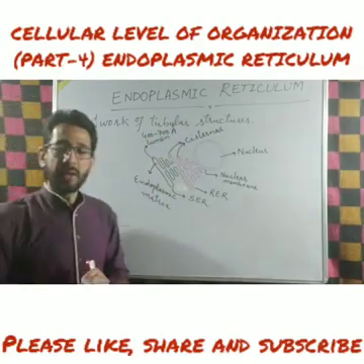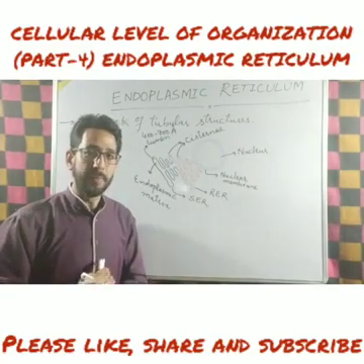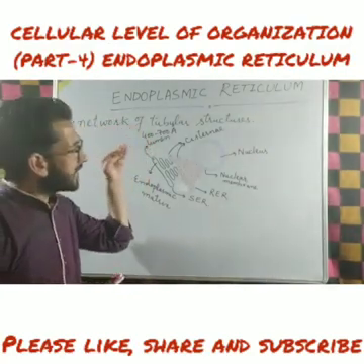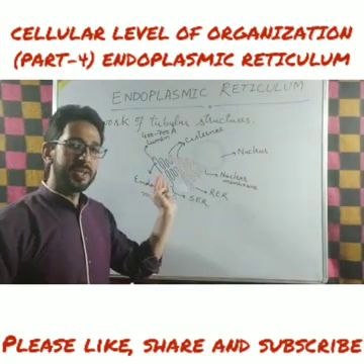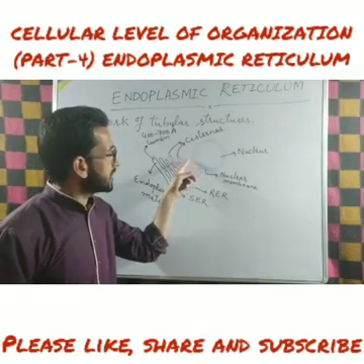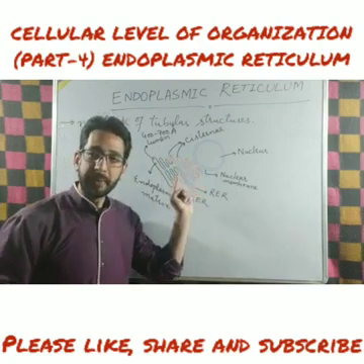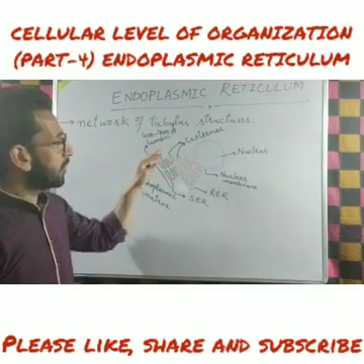Fine. So when we talk about the introduction of endoplasmic reticulum, it is a network of tubular structures which are interconnected to each other, and these tubular structures are continuous with the nuclear membrane. Okay, these tubes are called cisternae. Fine.